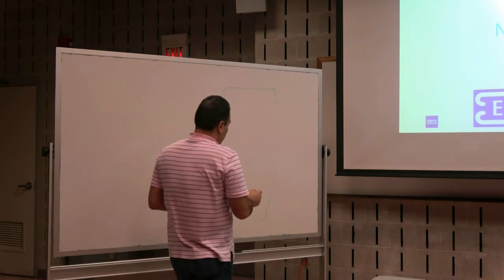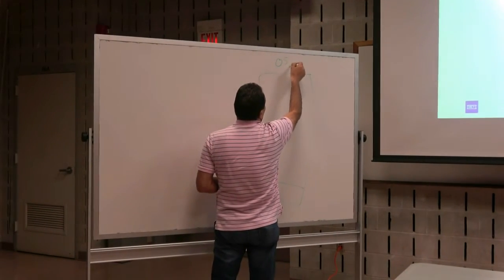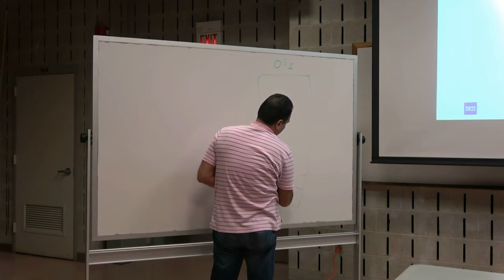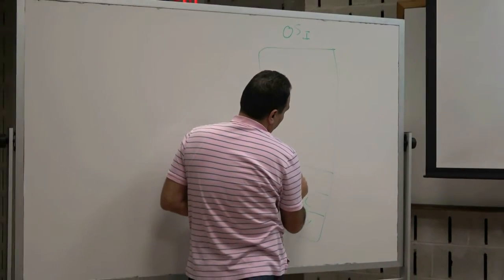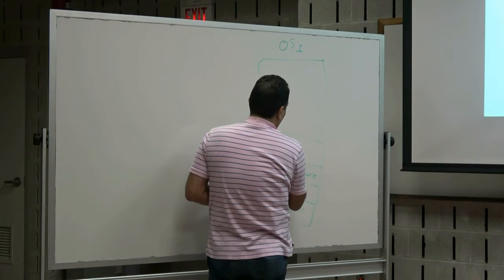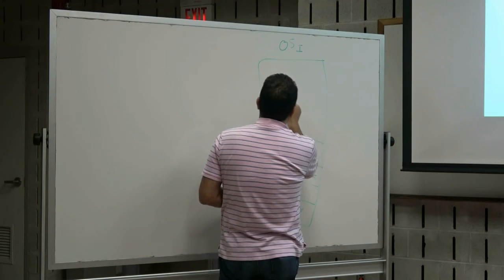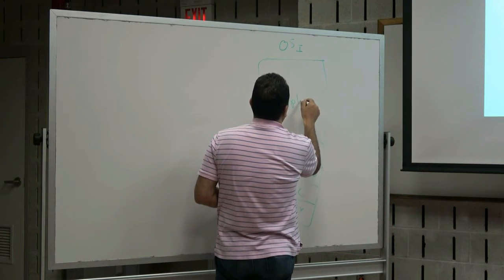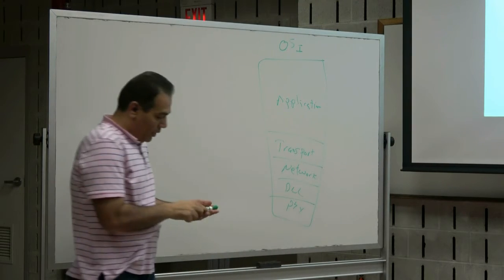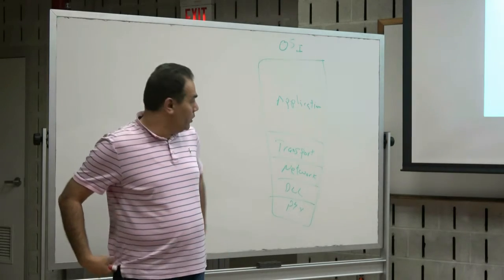Now we're going to take a look at the OSI reference model, as you know. Usually we start with the physical layer, then the data link layer, then the network layer, and then the transport layer, and then the application layer, right? In every layer we have different protocols that we run.